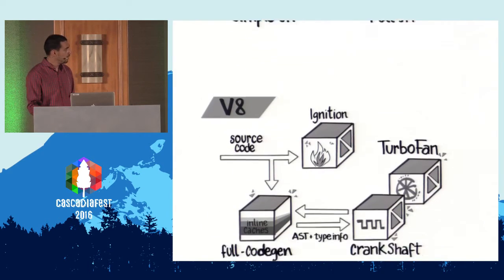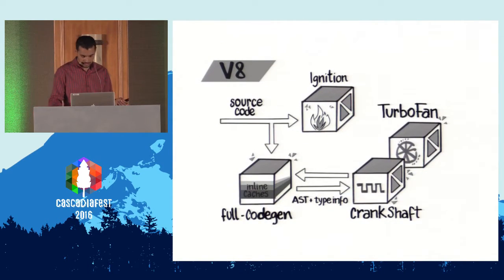Let's switch to the case of V8. They have recently switched to a 4-tiered architecture: an interpreter, a non-optimizing compiler, and 2 optimizing compilers, Crankshaft and Turbofan. The interpreter was recently added to the engine, and its goal is to trade execution time to reduce memory consumption in return.